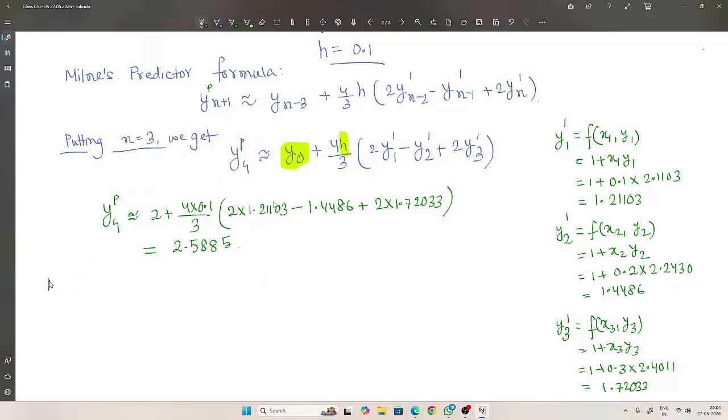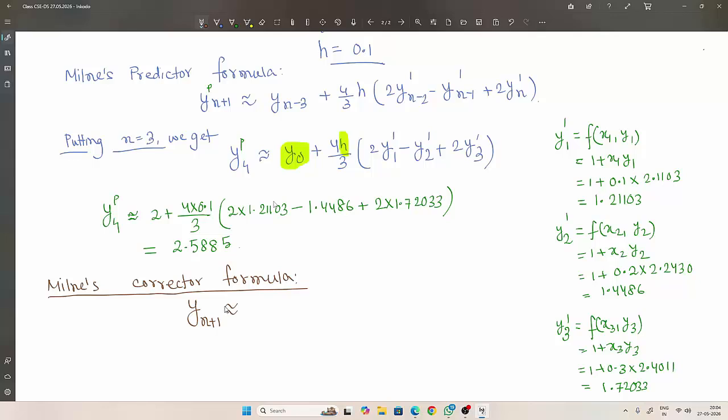So now Milne's corrector formula. What is Milne's corrector formula? We have already written it. Just by writing the formula you will get the step marks. The formula was y(n+1). In each year I have seen these questions, so you can also find them in the PYQs.